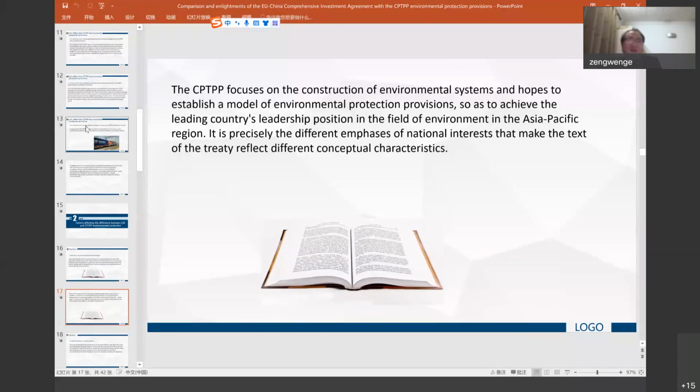Now the Japanese and some of the developed countries dominate this CPTPP. So they have a strong role in the CPTPP, so they have so many environmental articles.